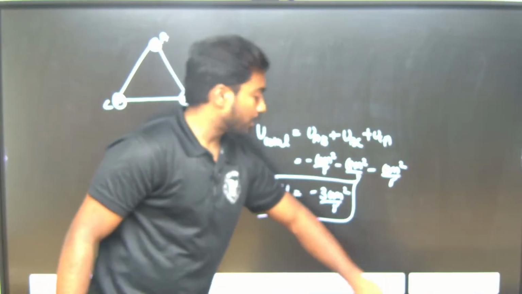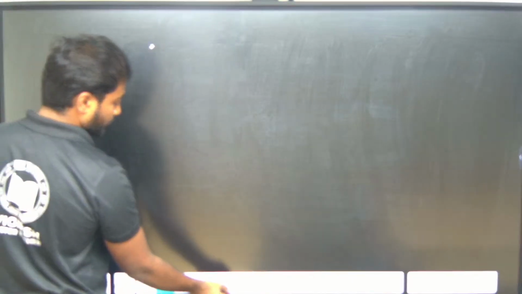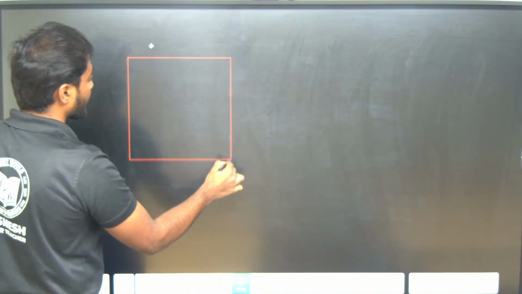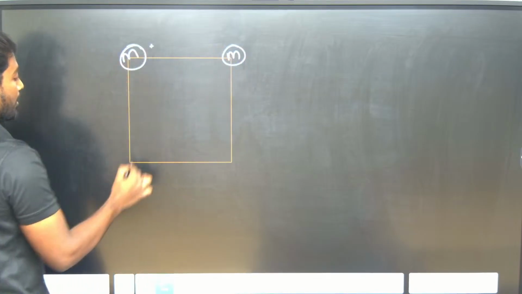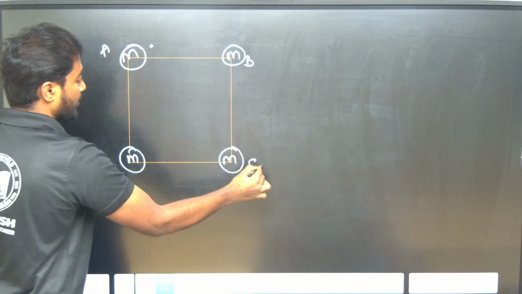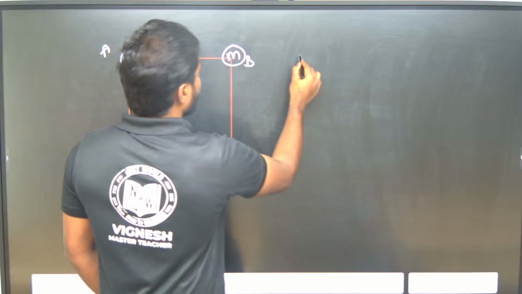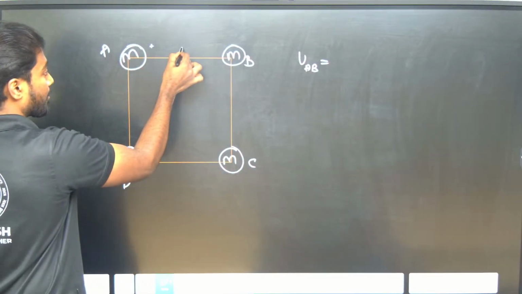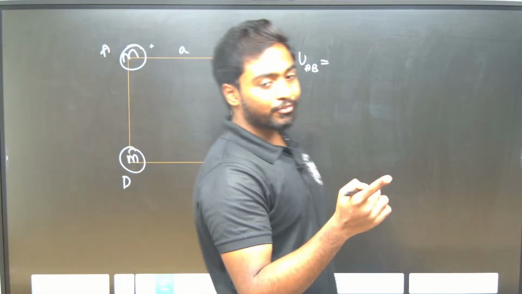Suppose the object is given like a square, with mass m at each of the vertices A, B, C and D, and the square has side a.